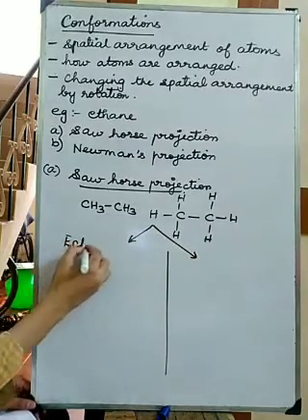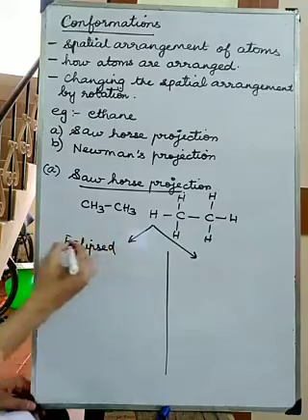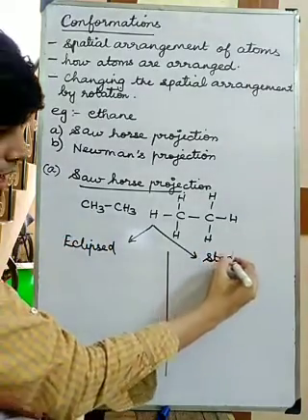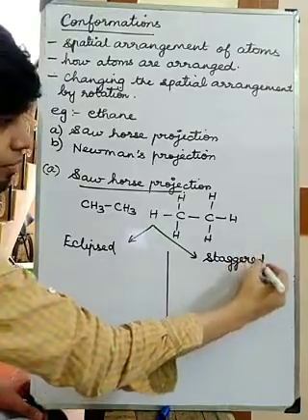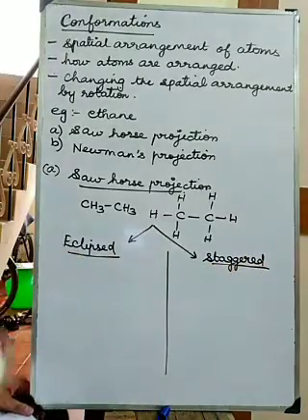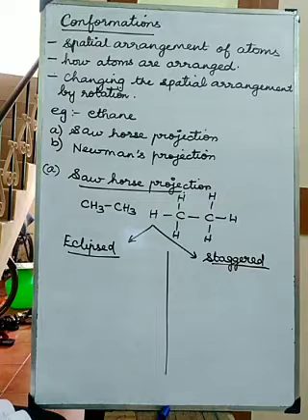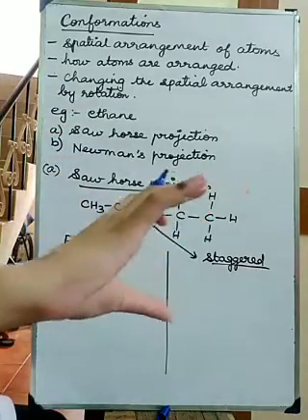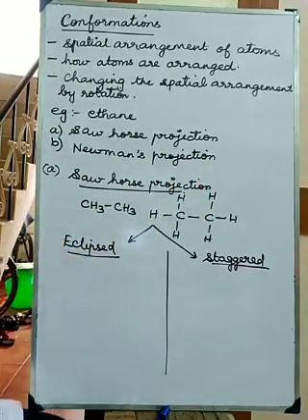One is eclipsed projection. Another one is staggered projection. Eclipsed, what do you mean by eclipse? Eclipse means sun, moon, earth and all will be in the same line. Yes or no? So if it is like that, it is eclipse.